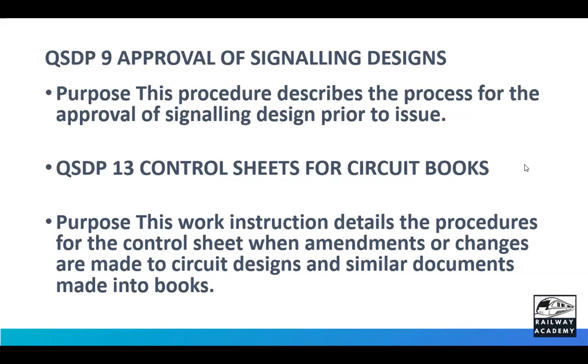For that, they provide control sheets: on what date the design was done, if any modification is done, on what date the modification is done, and if any sheet is removed, when that sheet was removed. All this information will be available under the control sheets for the circuit book on the top.